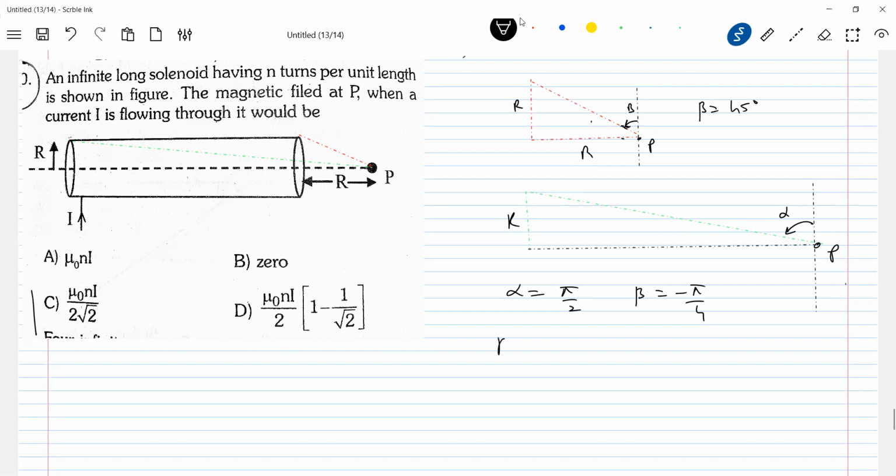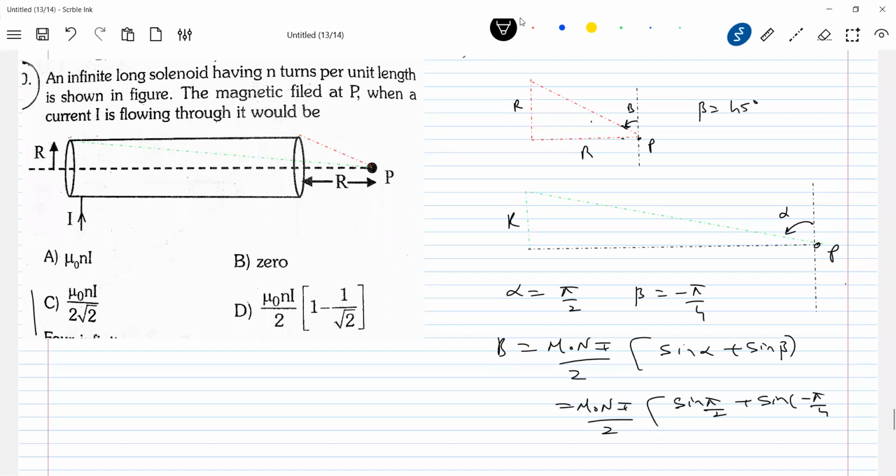So in that formula, mu naught ni by 2 (sine alpha plus sine beta), so mu naught ni by 2 (sine 90 plus sine of minus pi by 4). So we can pick up this option. So it should be less than mu naught ni by 2, minus 1 by 2, 0.7, 0.1 minus 0.7, 0.3. So definitely it will be less than mu naught ni by 2. So I can justify the graph we have.